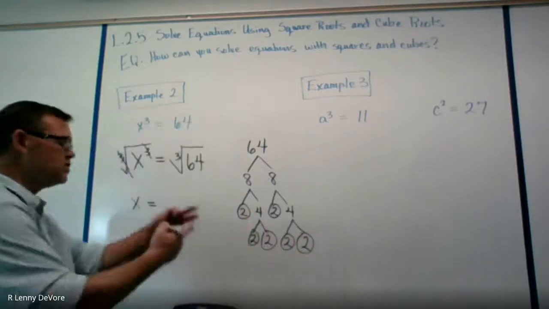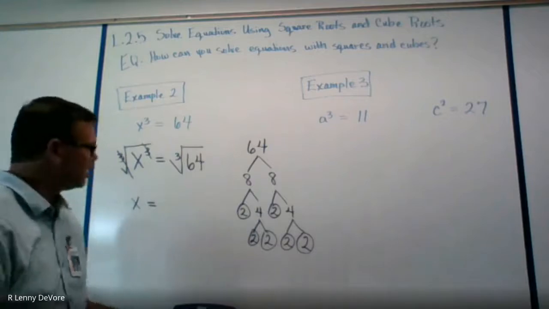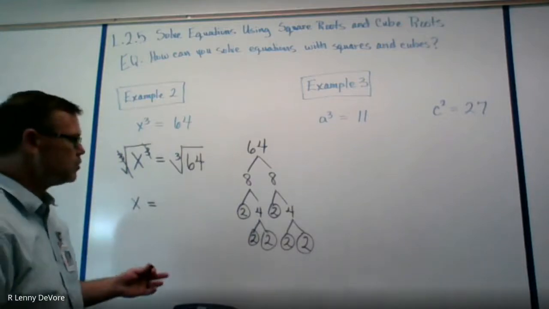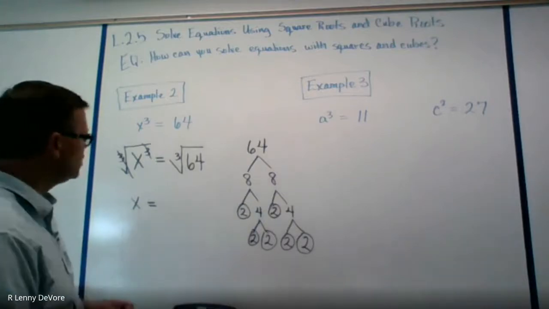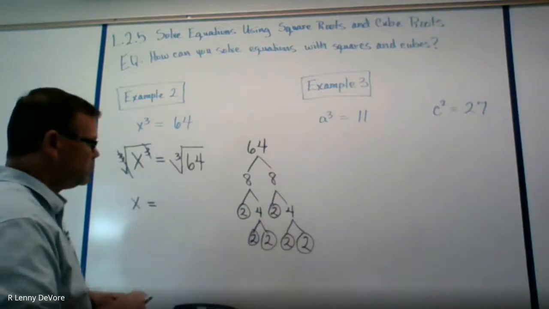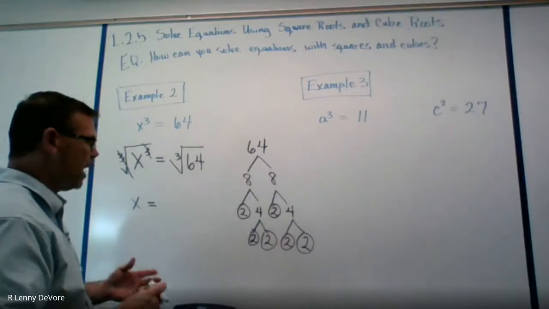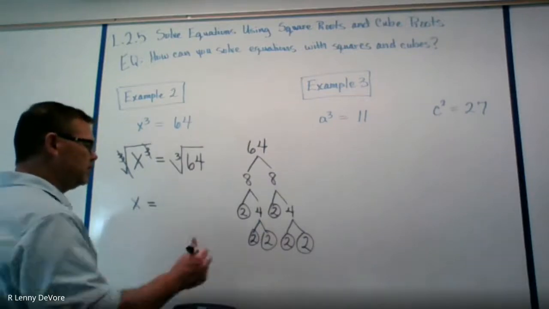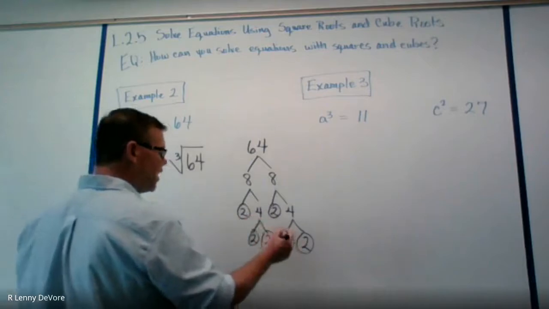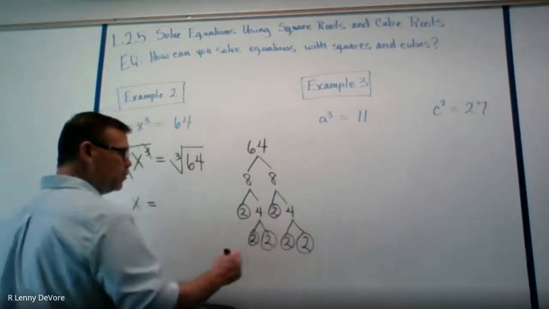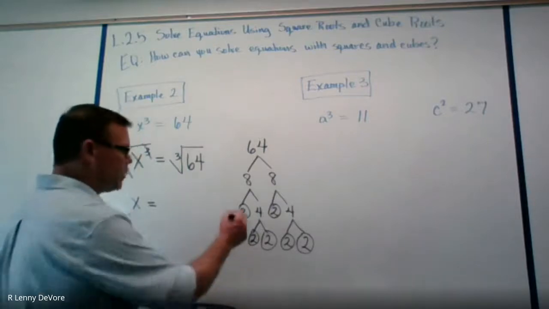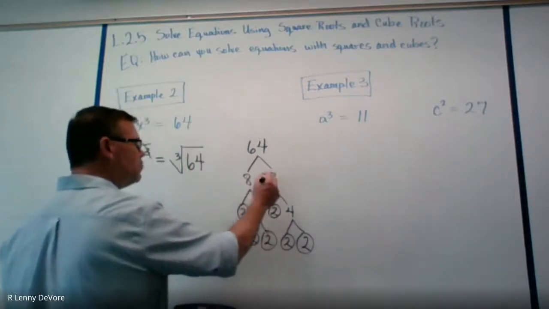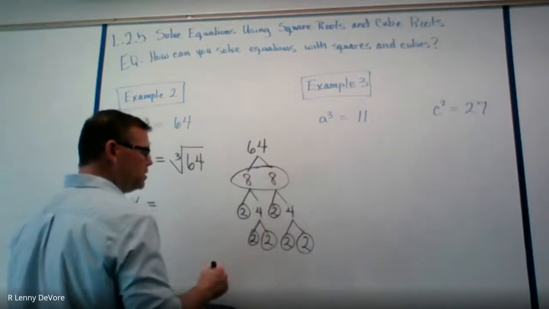Now, because this is a cubed root, what we want to do is match them up in cubes. If we were squaring, we would just cancel out 2 of them, so for every pair, we're good to go, and we would know our square root is 8, right?